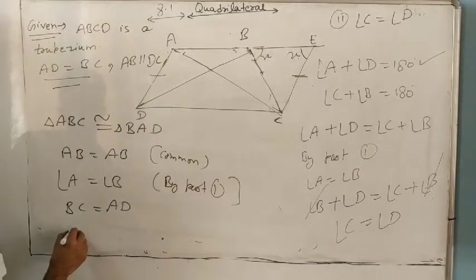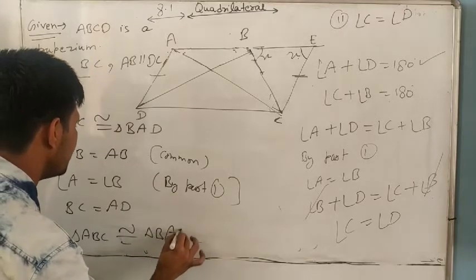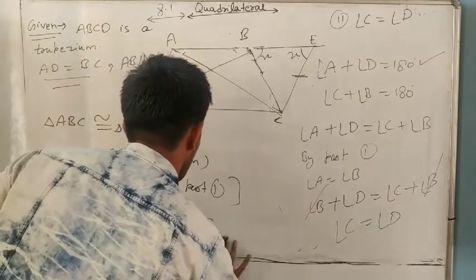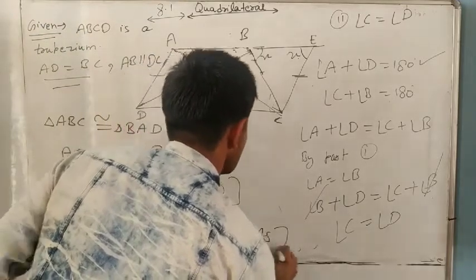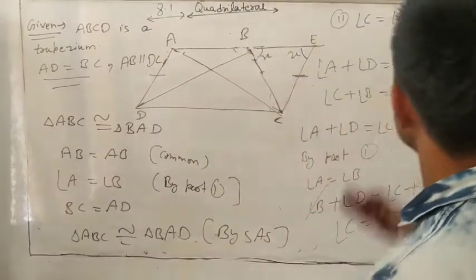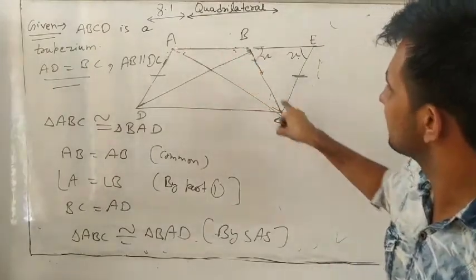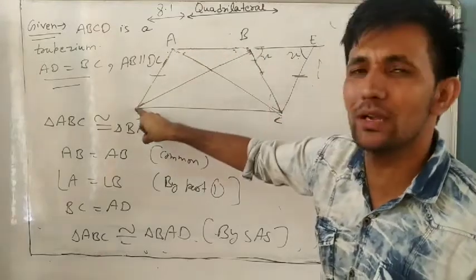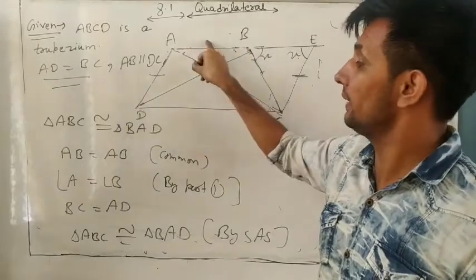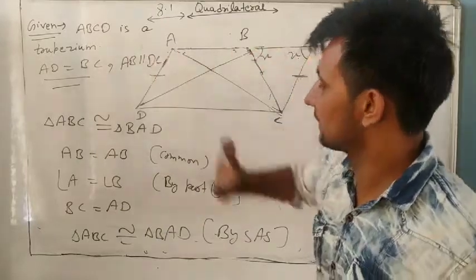So triangle ABC is congruent to triangle BAD by side angle side. You can also check separately: in ABC and ABD, AB is common, angle A and angle B are already proved equal, and BC and AD are equal, so they are congruent.